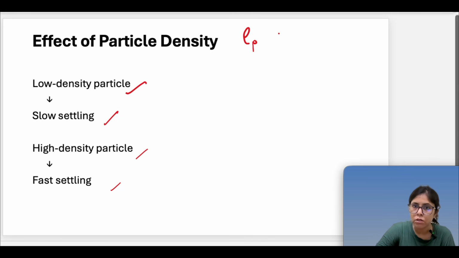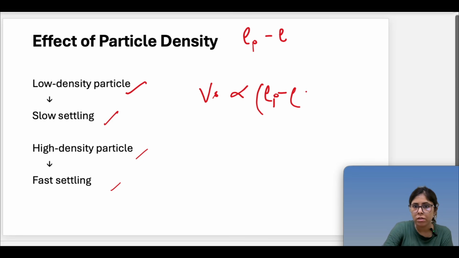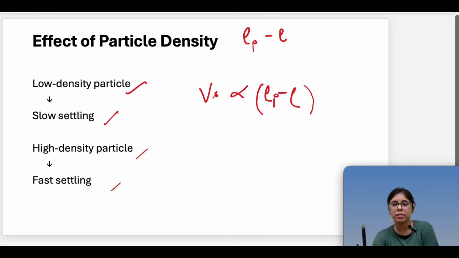In water. So the effective density is rho p minus rho, where rho is the density of water and rho p is the density of the particle. So settling velocity is directly proportional to rho p minus rho. Lesser the density, lesser the velocity. Higher the density, higher the velocity.